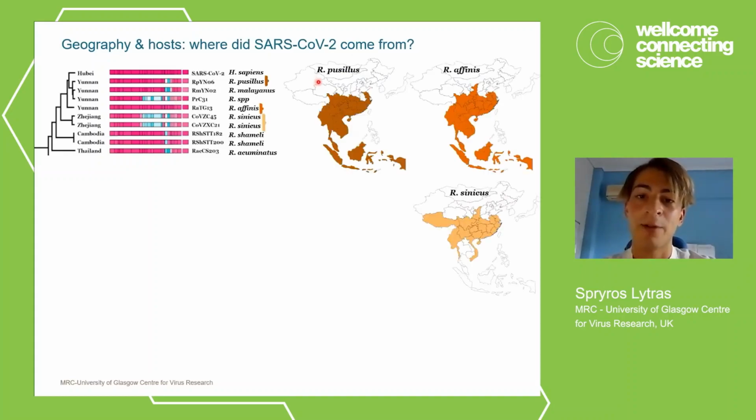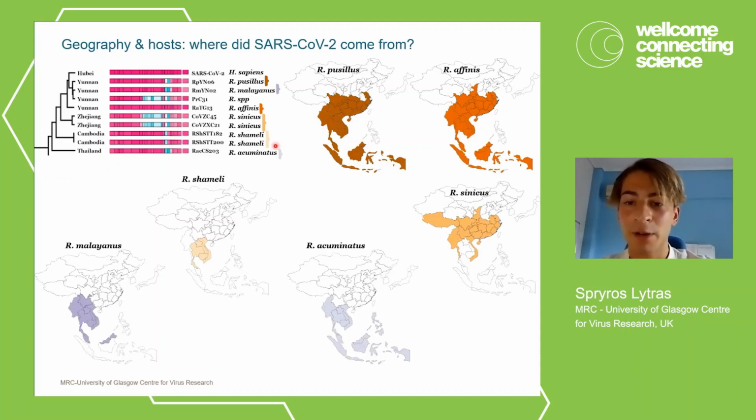For example, Rhinolophus pusillus and Rhinolophus affinis have very wide geographic ranges that essentially extend across the wide geographic range that these viruses have been sampled in. And some other horseshoe bat species that have had these viruses have slightly shorter geographic ranges, but you can see overlaps between them.